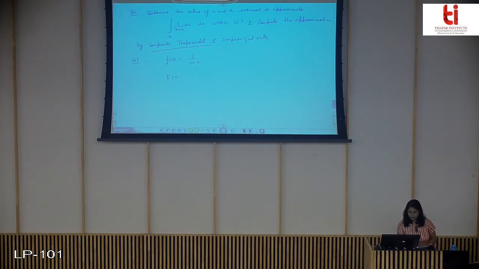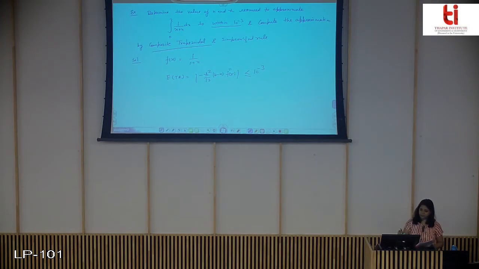The error is minus h square upon 12 into (b minus a) into f double dash. It is given that it is less than 10 raised to the power minus 3. The error should be less than or equal to 10 raised to the power minus 3. On this condition, we have to compute the value of n.